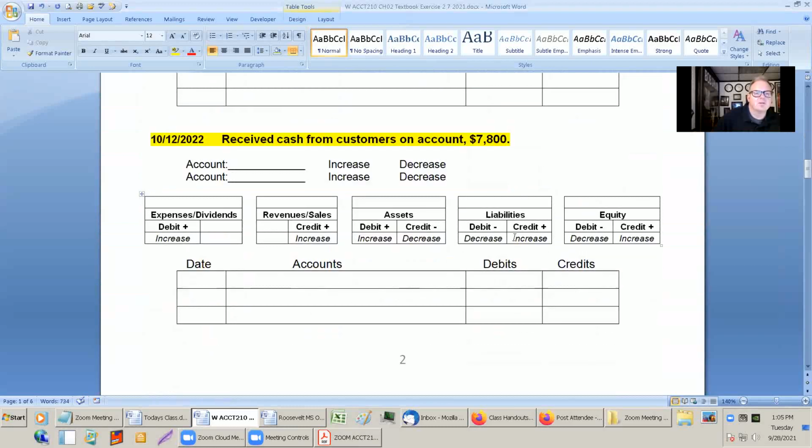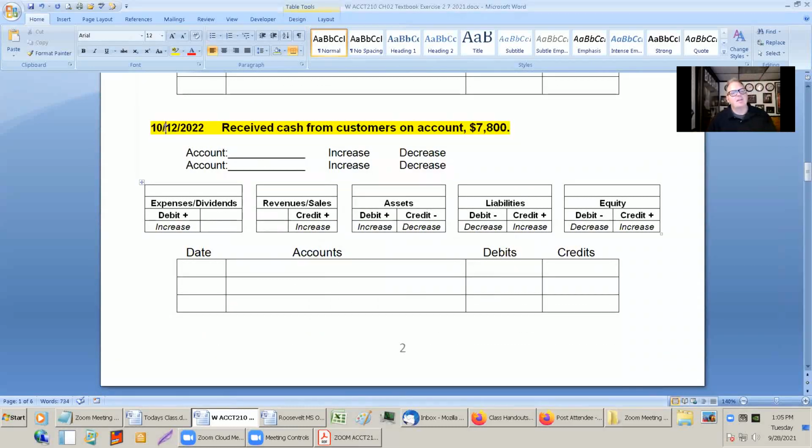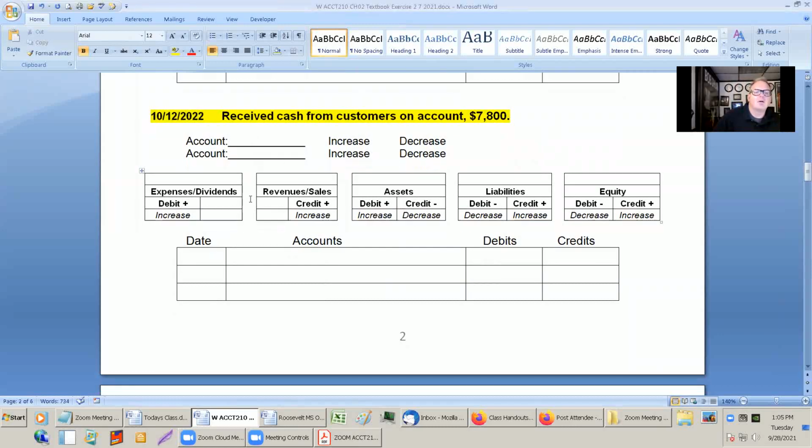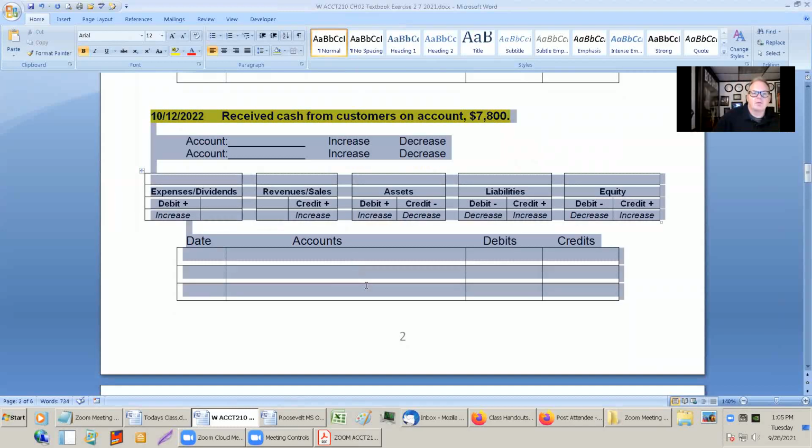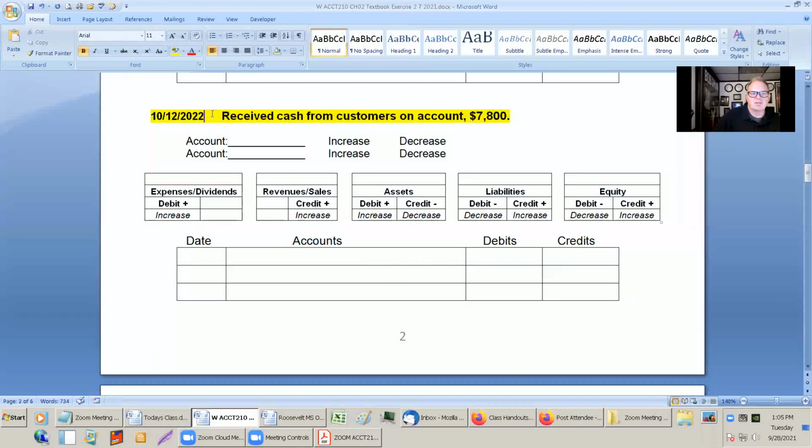Oh, okay. I think I must have overwritten it. It looks like it's formatted a tiny bit different, but it's the same thing. So this is number 12.